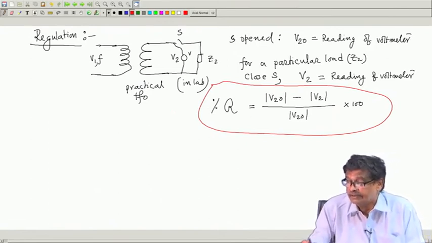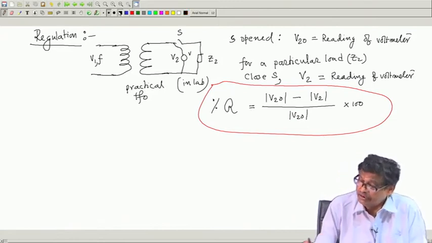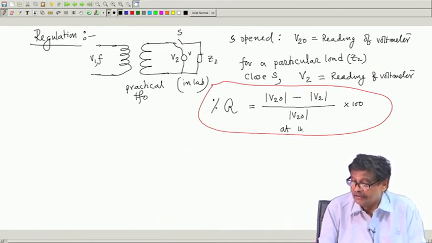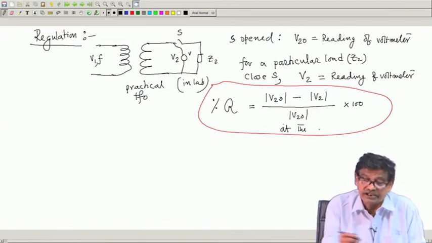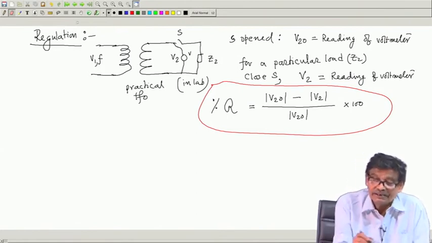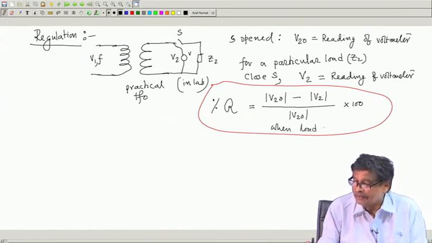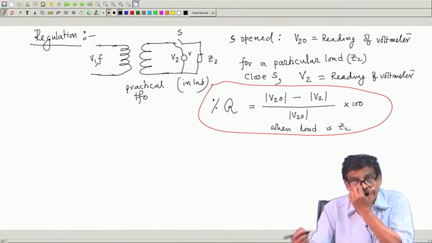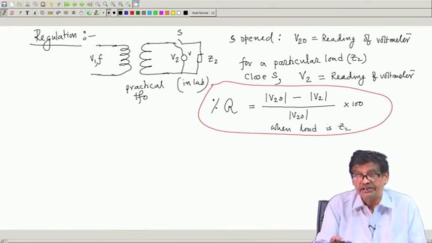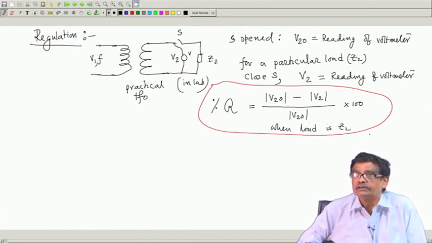So, I will say this is the value of the regulation when the load is Z2, at a given load, because if you change Z2 itself, it might give you some other value, since the drop in voltage will give you other values.